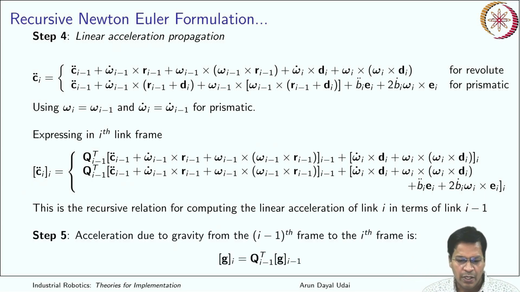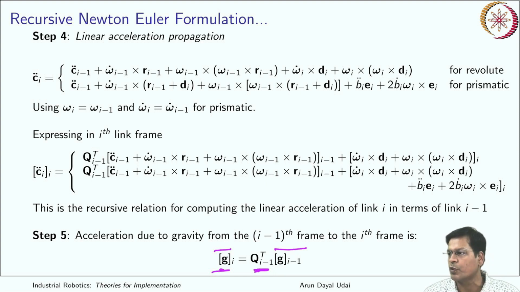Now the acceleration due to gravity also has to be converted to the ith frame. You again have to use the same transformation matrix, that is, the orientation matrix change. G is consecutively changed from the previous frame to this frame. Again, this becomes the previous one, and the next one will come.